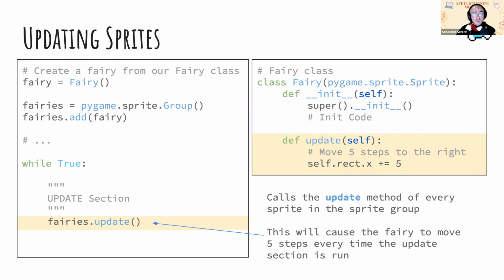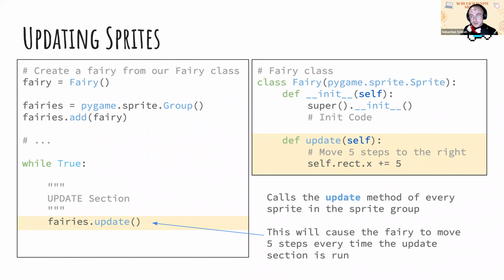And then you can also do fairies dot update. This will call the update method of every sprite in the sprite group. Right now we only have one fairy, but if we had, say, platforms and we did platforms dot update, it would update all of the platforms if we had multiple.